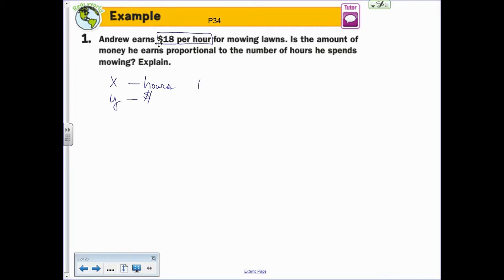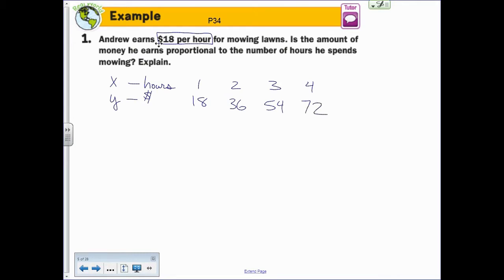1 hour equals $18. 2 lawns would be $36. 3 lawns would be $54. And 4 lawns would be $72.